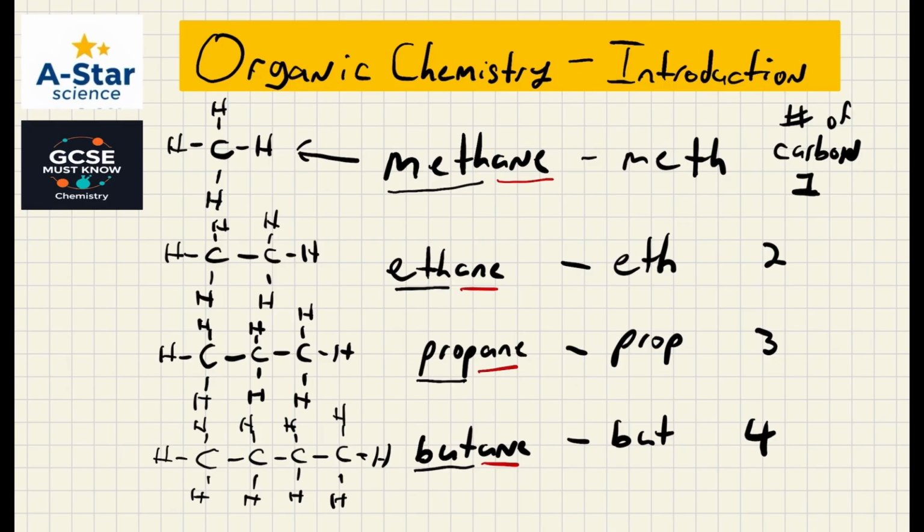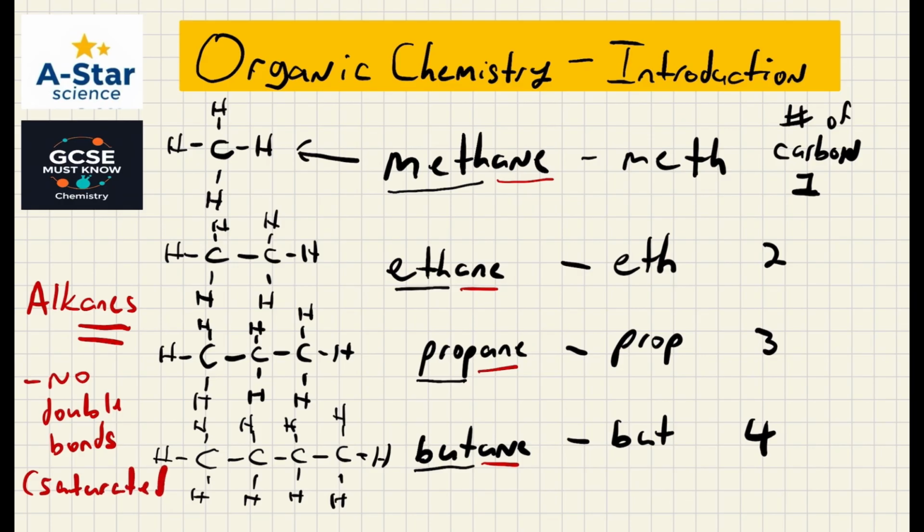That's because all of these molecules belong to what we call a family of hydrocarbons, which we call the alkanes. And alkanes are carbons bonded to hydrogens with no double bonds. All single bonds. And there's a special name we give for this that we call saturated. We say the molecule is saturated with hydrogens. There are no double bonds.